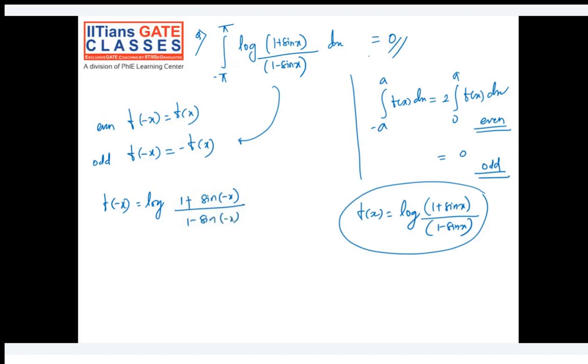Minus 1 log of... I can write f of minus x will be equal to minus 1 log of 1 plus sine of x divided by 1 minus sine of x. And this is your f of x. So f of minus x is equal to minus times f of x. That's why it's an odd function, and hence the answer is 0 in this case.